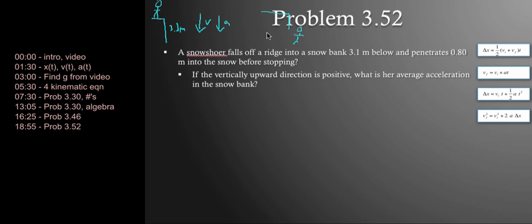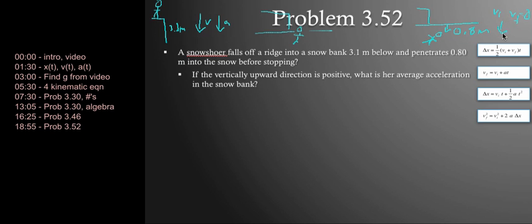Okay, so here is the cliff. And now she hits the snowbank. And now something else happens, which is that she keeps going down another 0.8 meters until she comes to a stop. But she started off with a velocity down, and she ends up with a final velocity of 0.